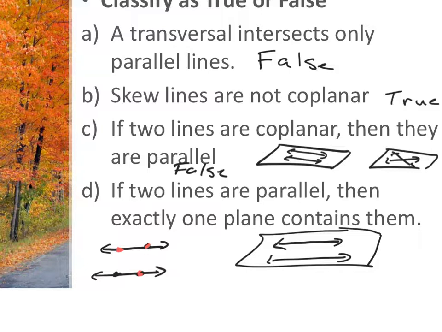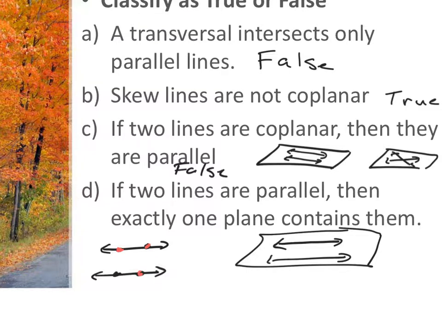Okay, so if they're coplanar, what if let's say a plane is here, and you have a line up here and up here, how is that coplanar? Great question. Two parallel lines like this, could they be on the same plane? They sure could. If I put them on a piece of paper, these are parallel and they're on the same plane.